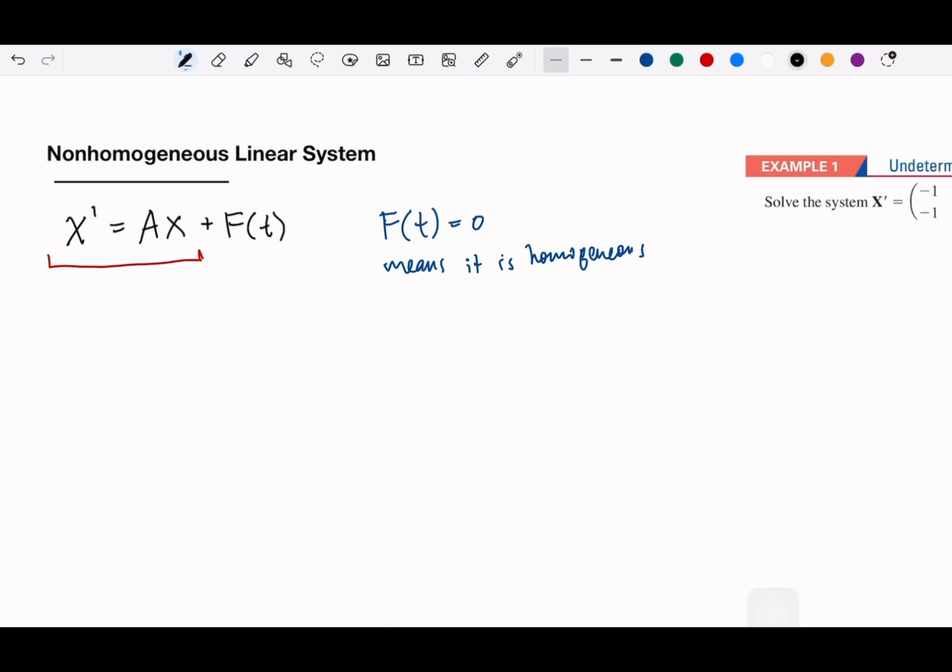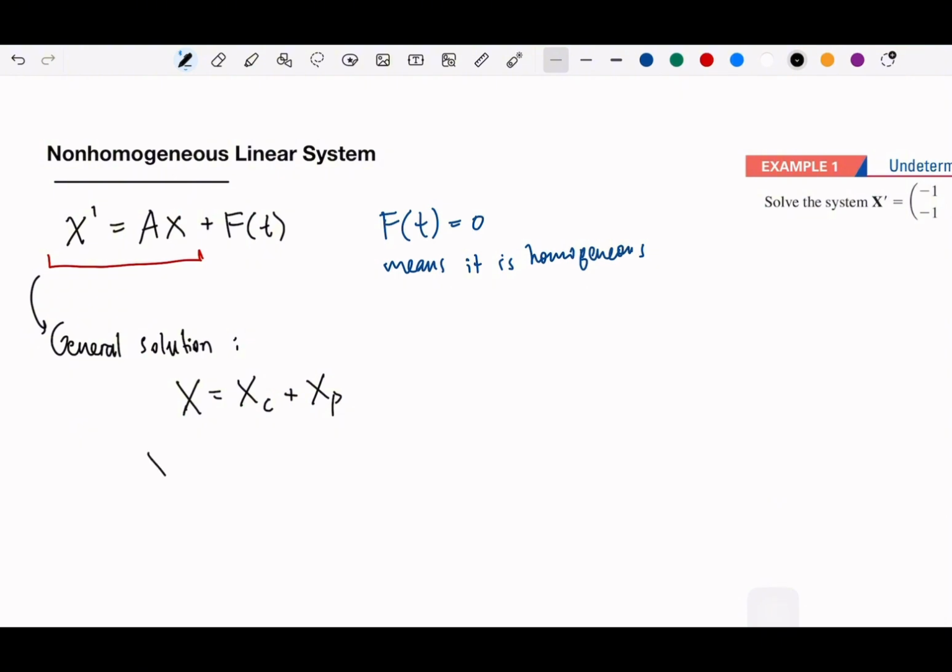And the general solution we are going to have is xc plus xp. If you remember the differential equations, this is the yc and yp. Yp means the particular solution, similar to xp right now, but the difference is this is already in matrix form.